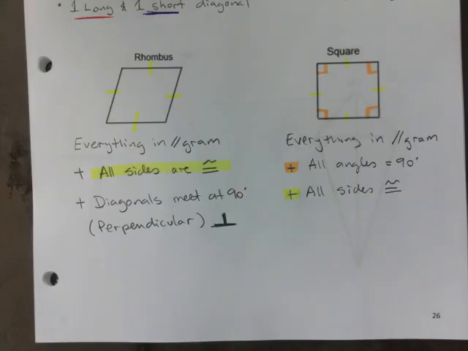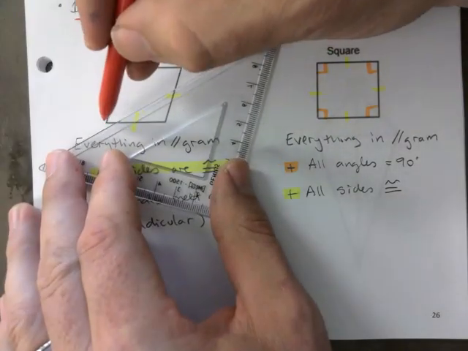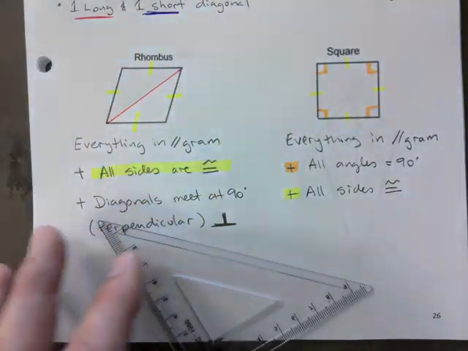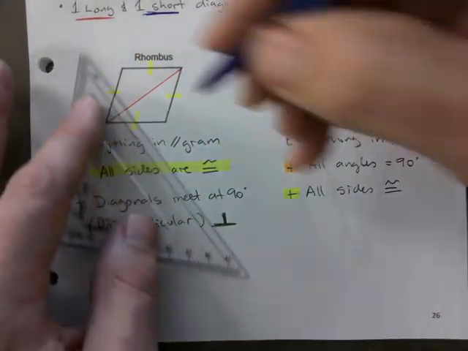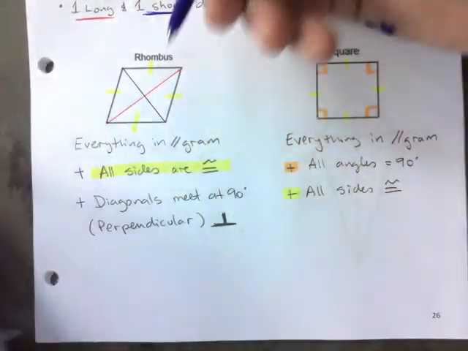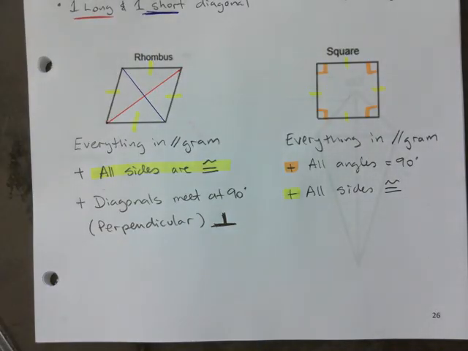So I'm going to go back to my red and blue pen just to show you that there's one that's longer than the other. And make sure you put the 90 in there. What color should I use?